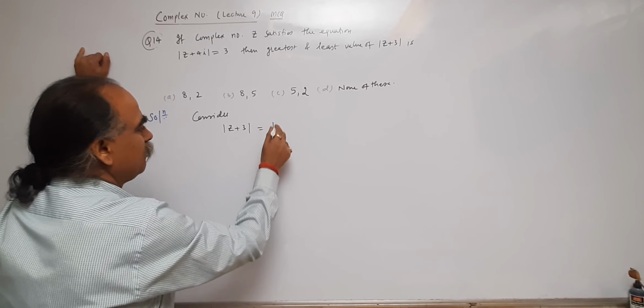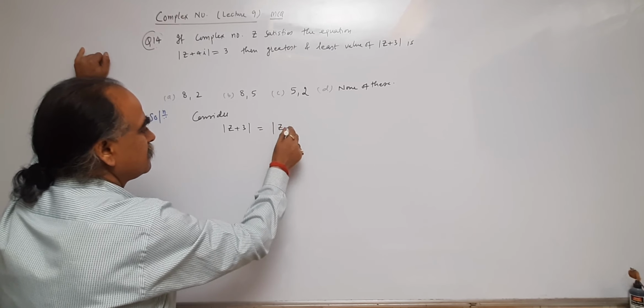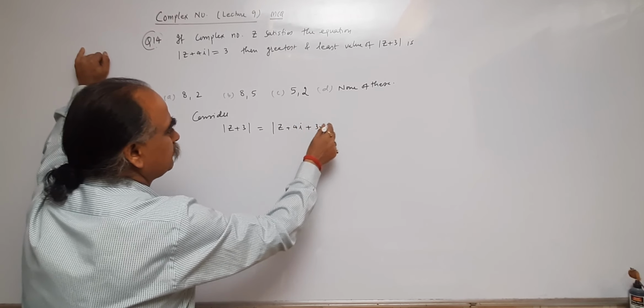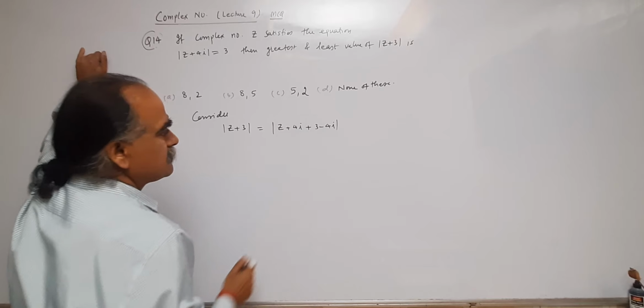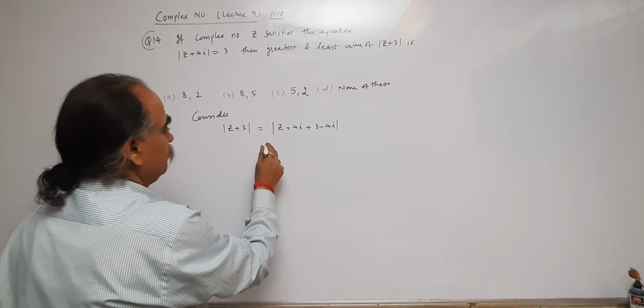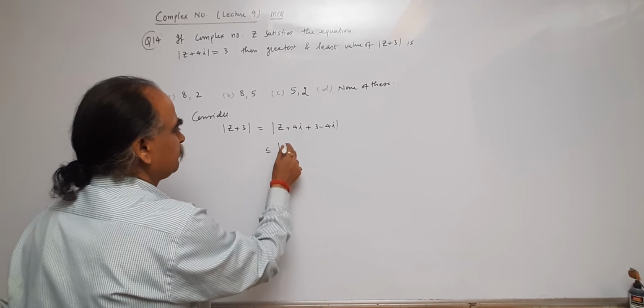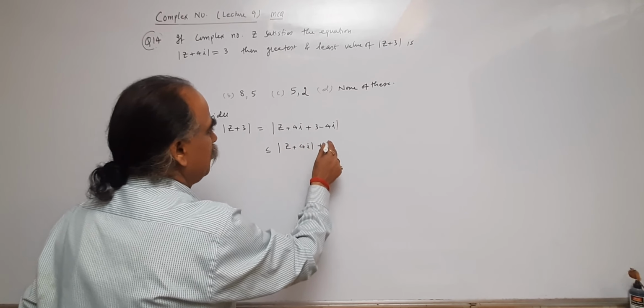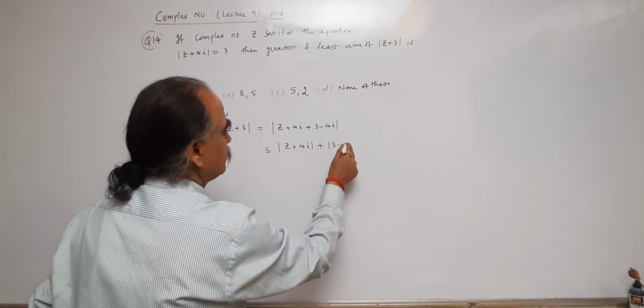This can be written as mod z plus 4i plus 3 minus 4i, which is less than or equal to mod z plus 4i plus mod 3 minus 4i.